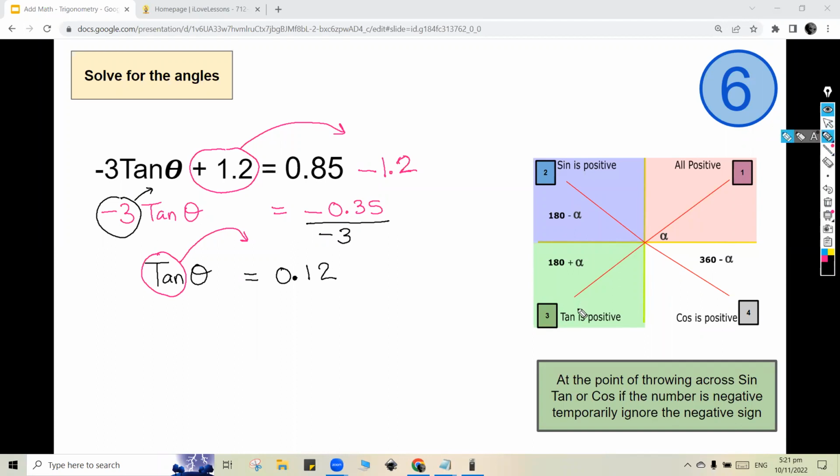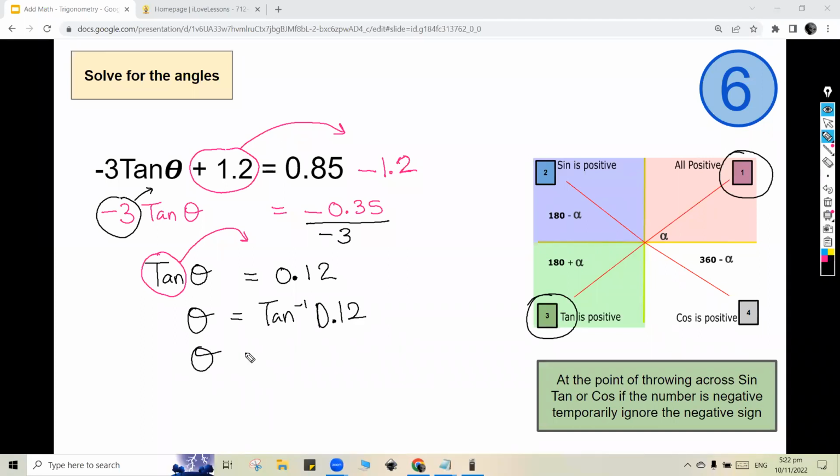Right, sort of correct. Nikolai, Nicholas, plenty of people are getting it correct. Anastasia, Leah, right. Regions 1 and 3, right? But let's get the alpha value first. So we get tan inverse 0.12, right?